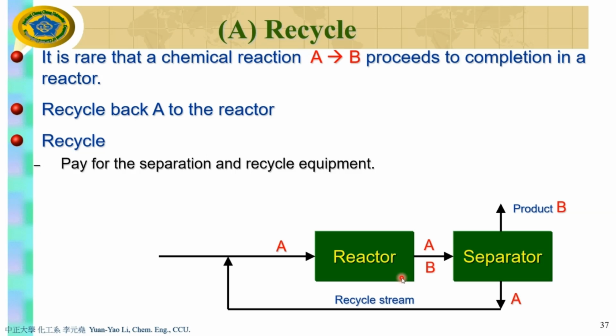However, if we don't have a very good reactor, you might need to build a separator to separate A and B. So you pay for the separation and the recycle equipment. You need to spend money for this. If you don't want a very good reactor, you need to spend money for this. But if this money is cheap, then it is worth it, right?